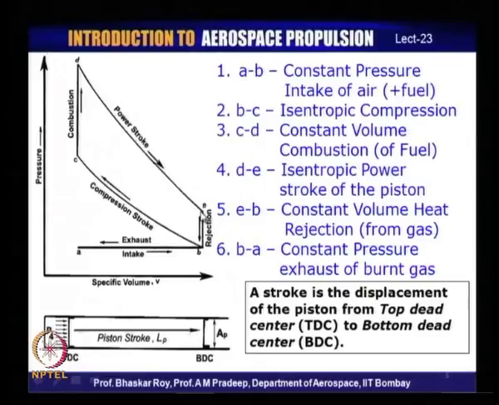And then at the end of the process, at E, we have a constant volume heat rejection from the burned gas, a mixture of fuel and air. And then at the end of this rejection process, we again have the exhaust of the burned gas from the system, which is again a constant pressure process.